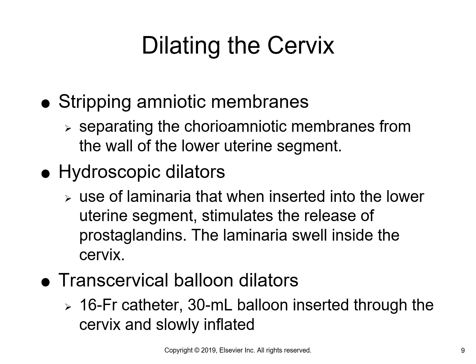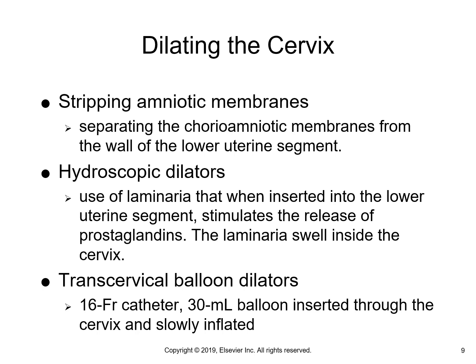And then we have your hygroscopic dilators and your balloon dilators. Hygroscopic dilators are what we call the laminaria. We insert it in the lower uterine segment, and this is medicated, by the way. It stimulates the release of prostaglandin, and the laminaria itself, the dilator, will swell inside the cervix, opening the cervix.